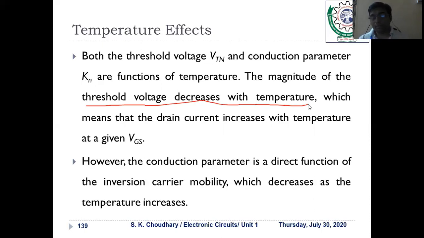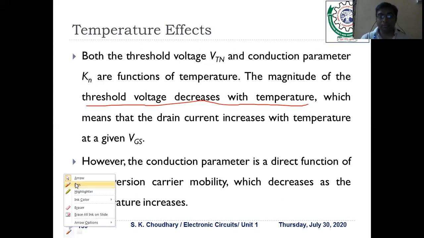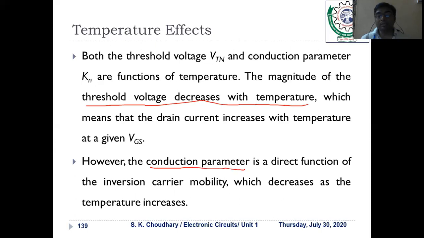However, the conduction parameter Kn is a direct function of mobility. We know that Kn is equal to mu n Cox W by L. That is a direct function of the inversion carrier mobility, mu n.